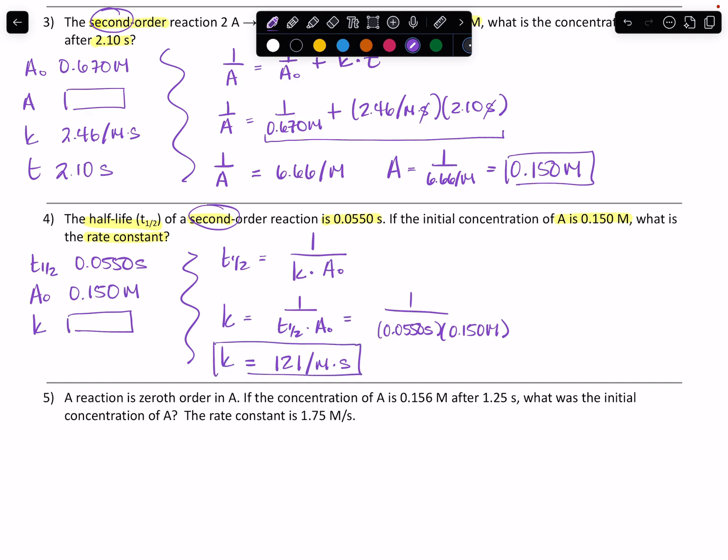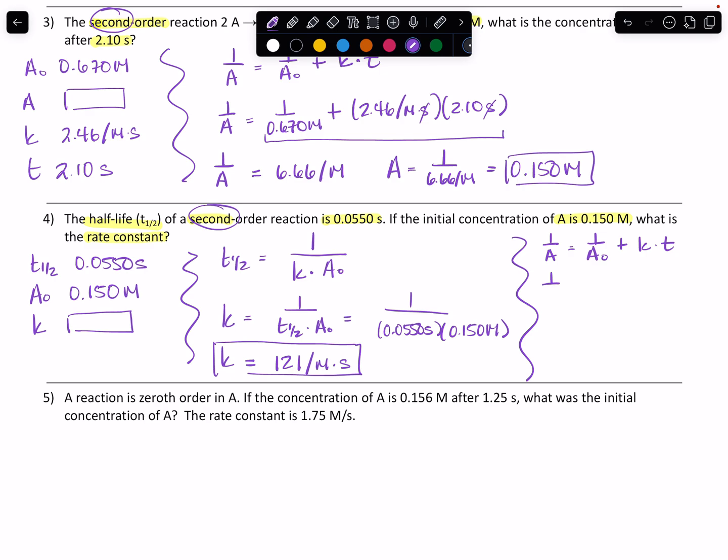Now, what if you don't remember that formula? What are you going to do? Well, the easiest thing to do is to remember that the half-life is the time it takes to go from the initial amount to half. So I could use my 1 over A equals 1 over initial A plus K times T to find that K value.